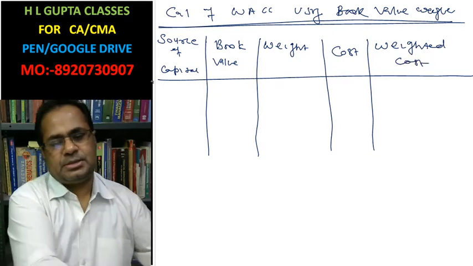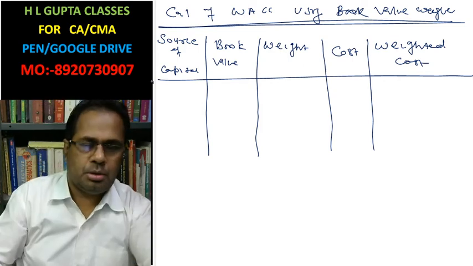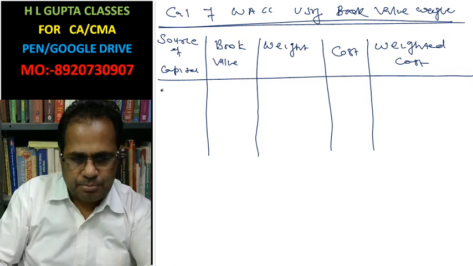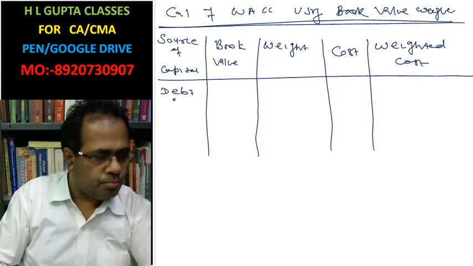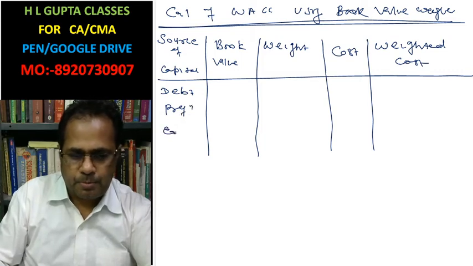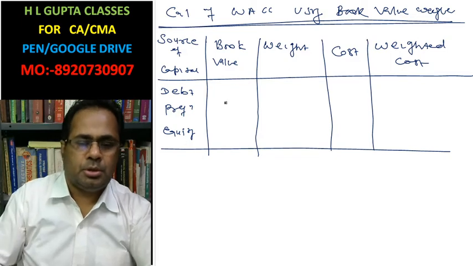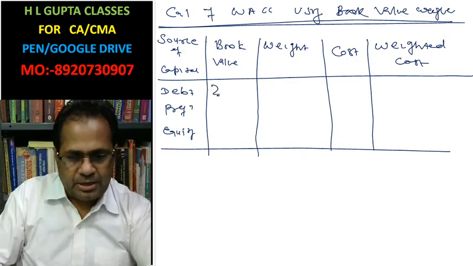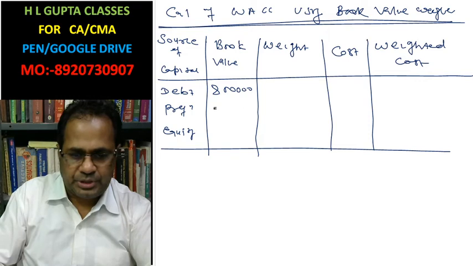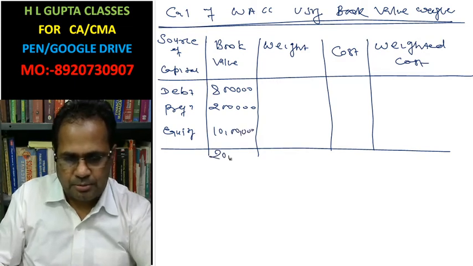In this case, you have to write all this. This is the debt, preference, equity. Debt is your 8 lakh, this is your 2 lakh, this is 10 lakh, and this is 20 lakh total.